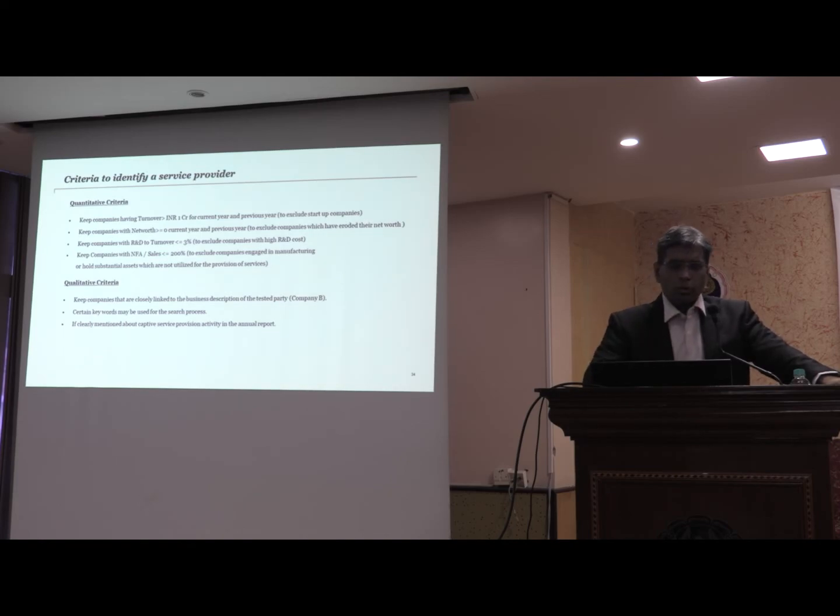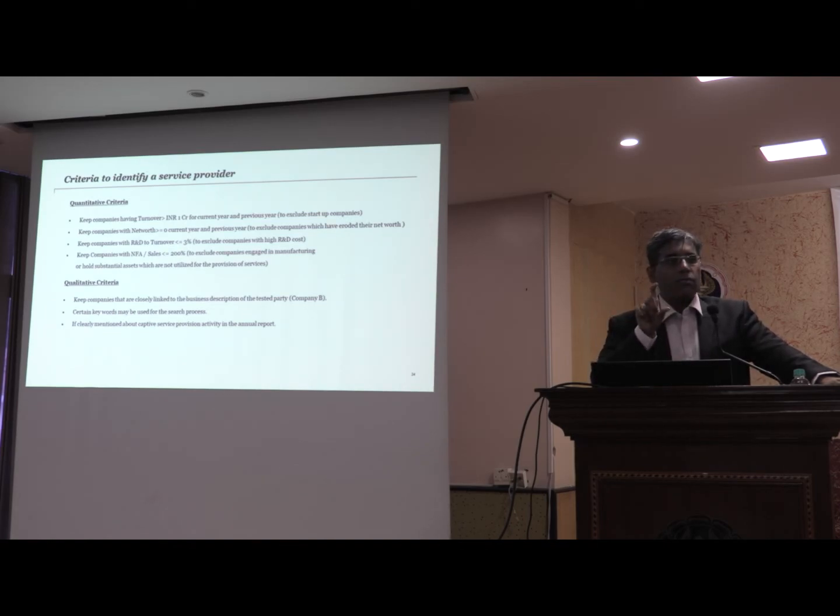And then therefore we look at keeping companies with R&D and turnover less than 3%. Generally for services companies, fixed assets are very less, generally nil, so therefore you create a criteria for that. And the qualitative criteria, you could look at business descriptions of the type of services, because a lot of these databases allow you to use keywords.